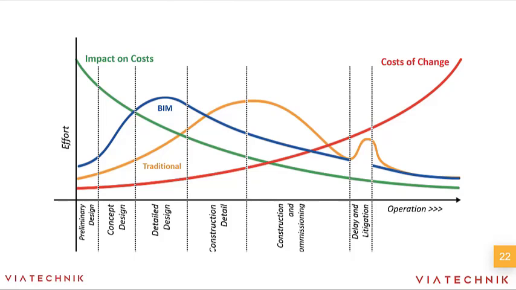So this approach does require more upfront effort. However, it will allow us to really assess our design and make changes earlier on, when the cost of making those changes can be less, and it can also have a greater impact on the overall cost of construction.